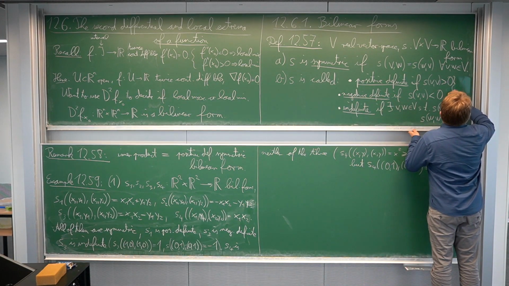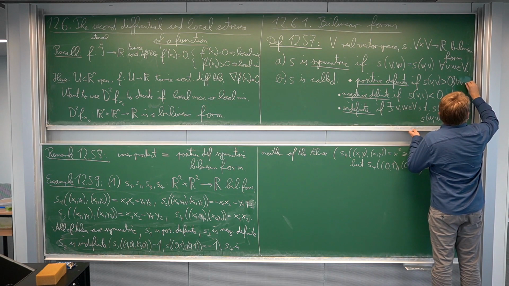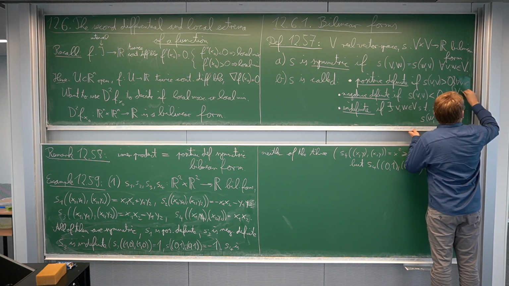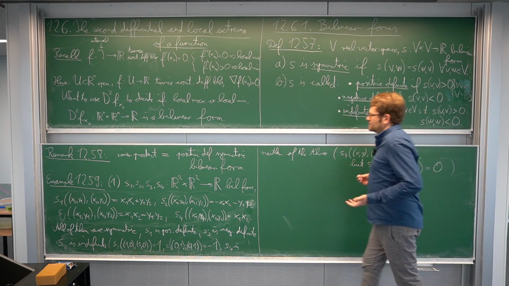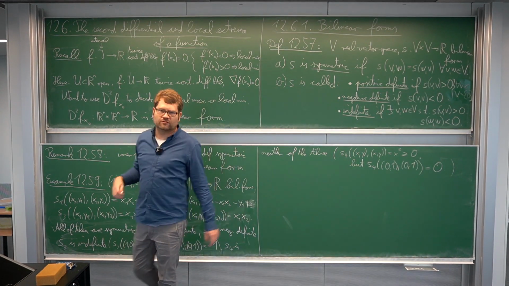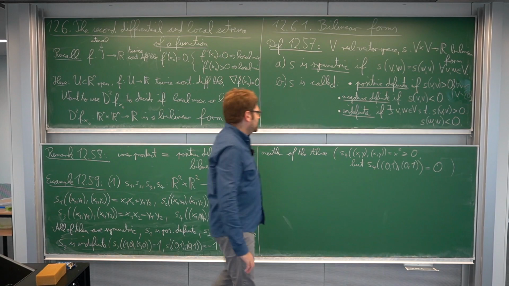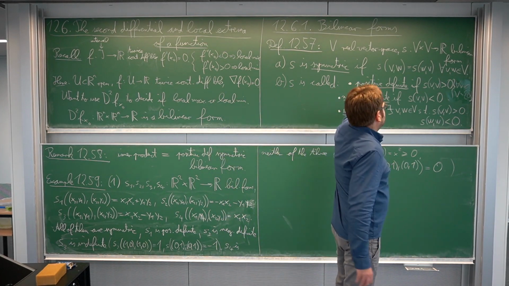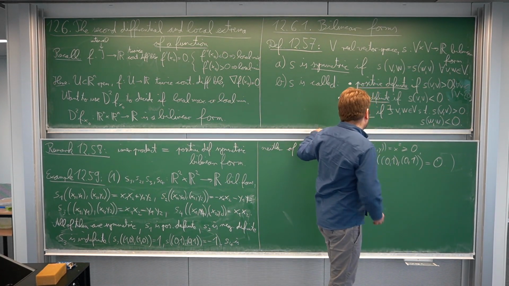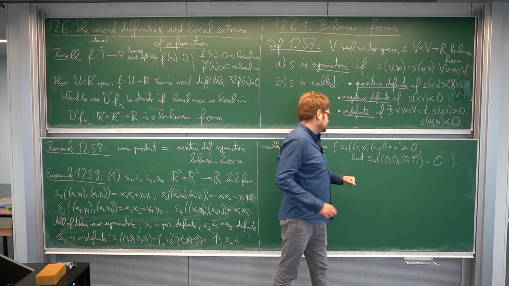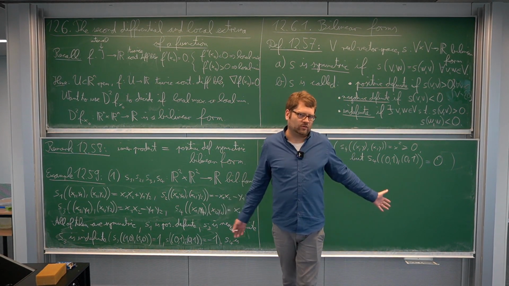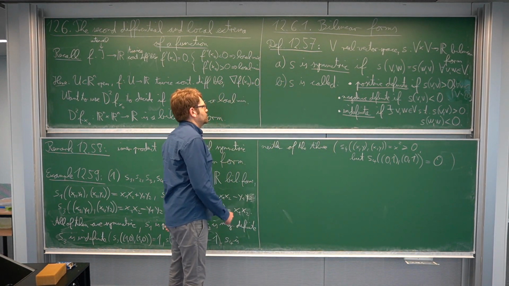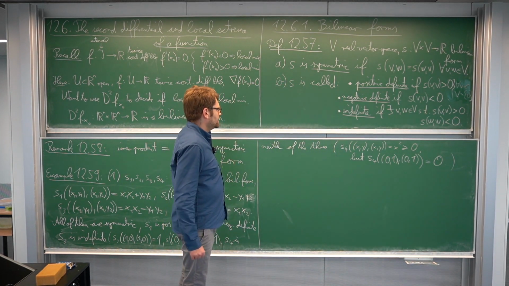So both of them, in all cases, are for all v in V without the 0 vector. Of course, it follows from the bilinearity that as soon as one of the inputs is the 0 vector, the result must automatically be 0. But anyway, sorry about that. So we've seen it's bigger than or equal to 0, but we found a non-zero vector where this is indeed 0, so this cannot be positive definite. Okay, sorry about that little mistake.